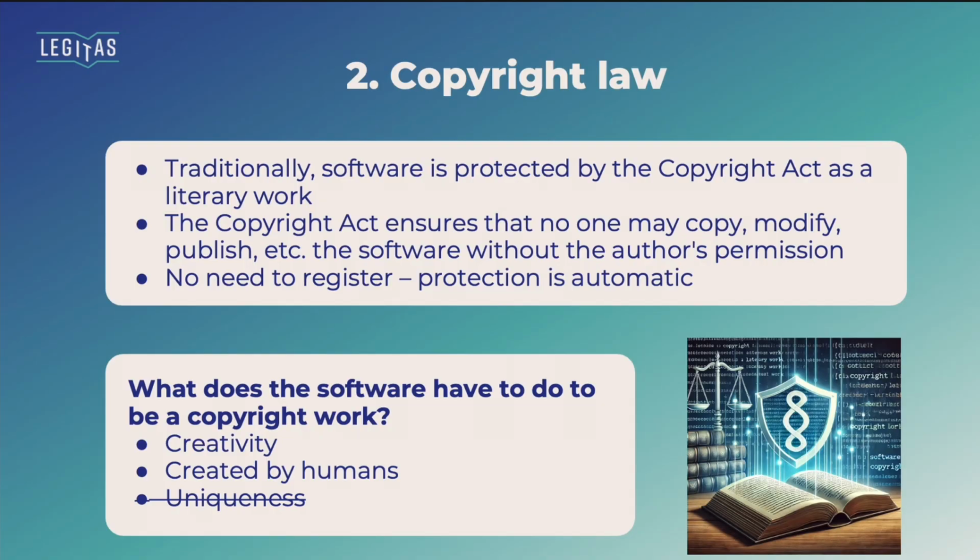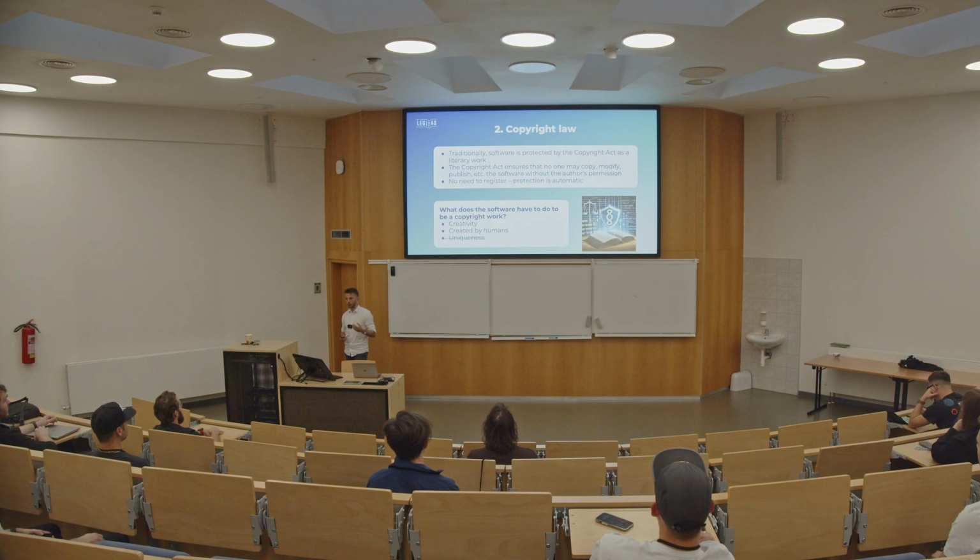It has to be, to some extent, creative, but unlike other literary works, for example, if I were to write a book, it would also have to be unique. I couldn't just copy someone's book and say, hey, I got a new book and I have the rights to it. This is the case for other literary works, but for computer programs we don't have that condition of uniqueness.